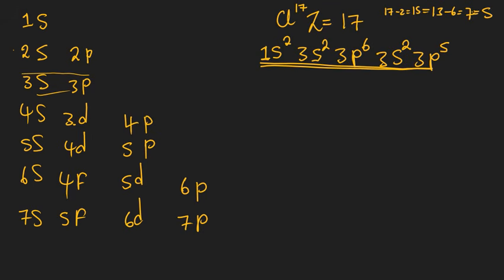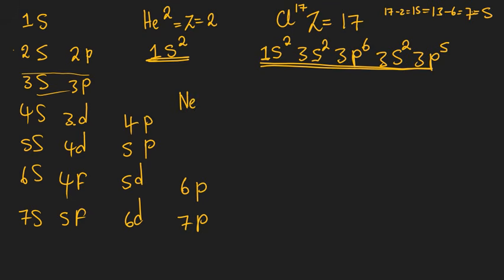Okay, so for example, we can start with helium. What is the electronic configuration of helium? Helium is having 2 on top, so its Z is simply 2. So its electronic configuration is simply 1s2. So it doesn't hold. Then we go to neon.